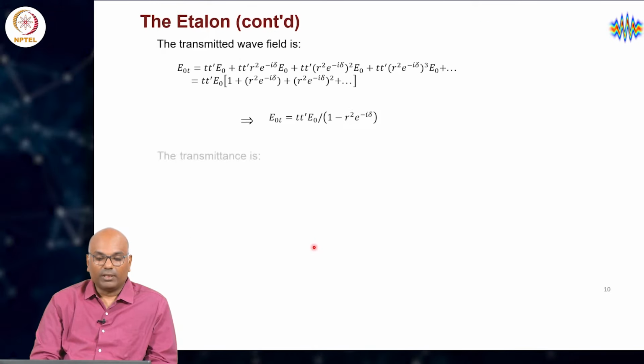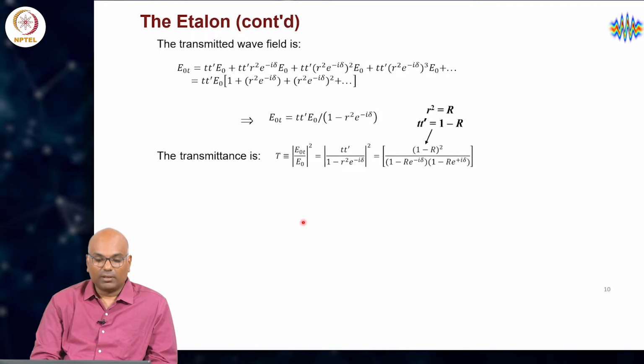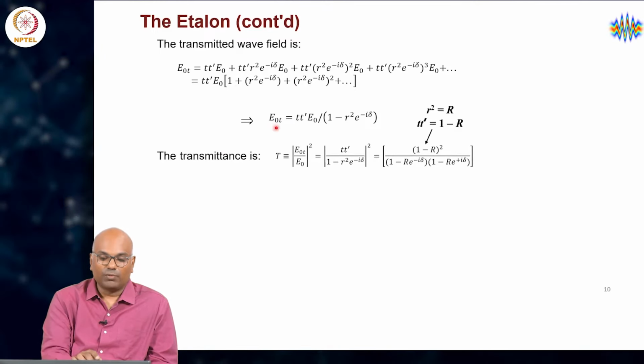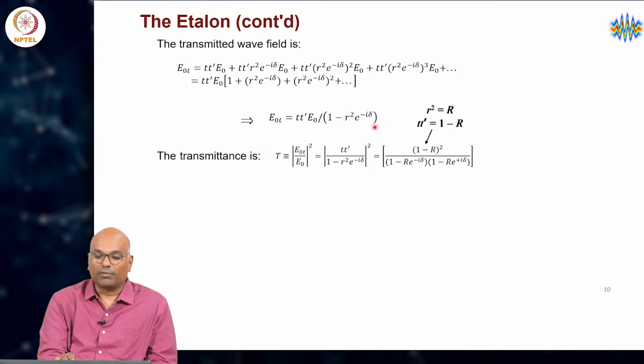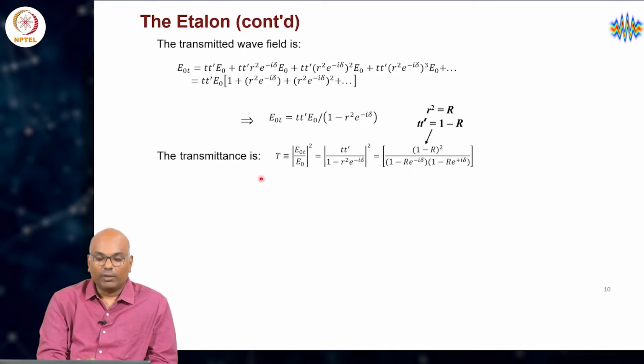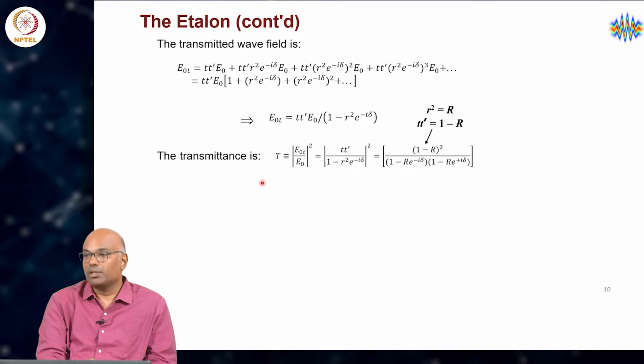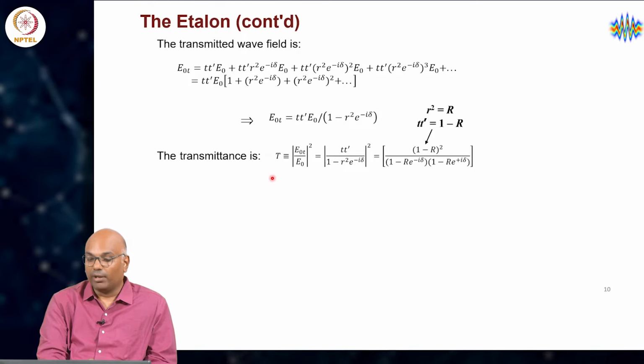Then the transmitted intensity: we summed up the amplitudes, and we got an expression for the transmitted electric field amplitude, that is over here. But what you measure in a laboratory is something related to irradiance.